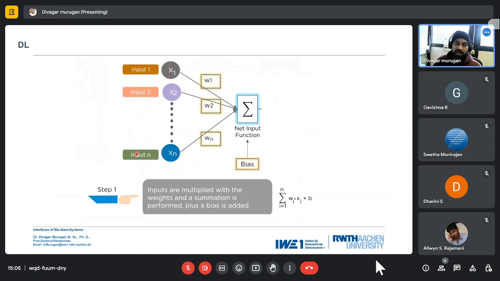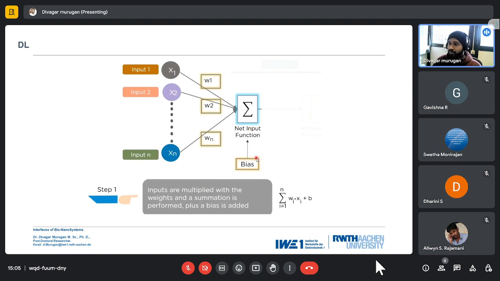This input is multiplied with random numbers, that is weight 1, weight 2, and weight 3. Here you can create random numbers like 0.1, 0.2, 0.3, and then create a net input function. So you have an input, you add a weight to the input, and then create a net input function, which is called the bias.